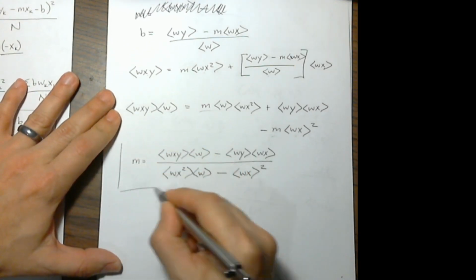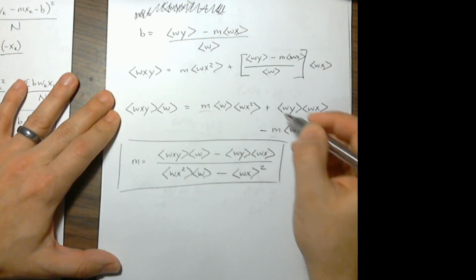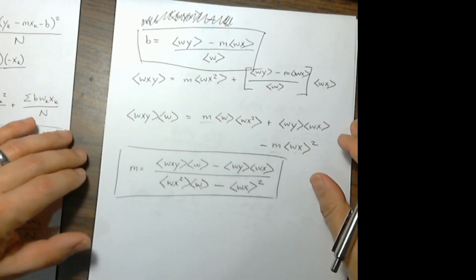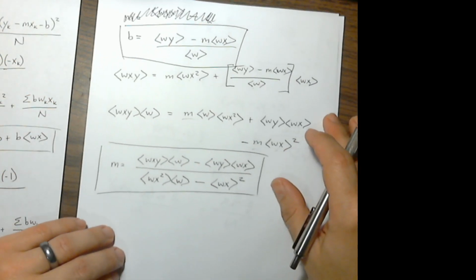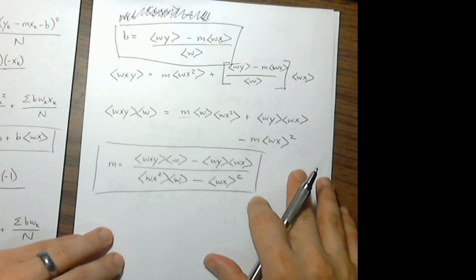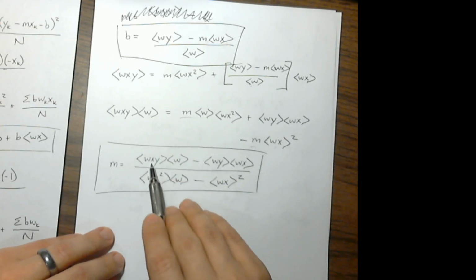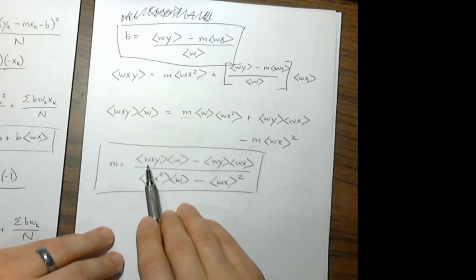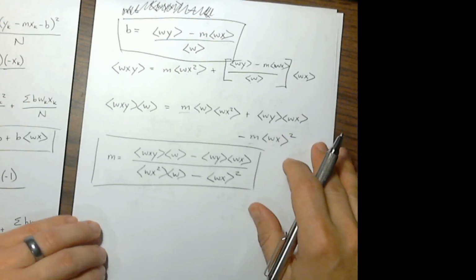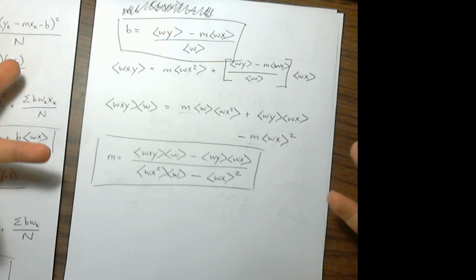And so there we go. That gives you a system that you can solve. And you've got it. And you calculate this the same way you would any other expected value. You just need to tabulate a column for w, x, and y. If you look at the spreadsheet I've got online, I'm not going to walk you through that because it's a little cumbersome.